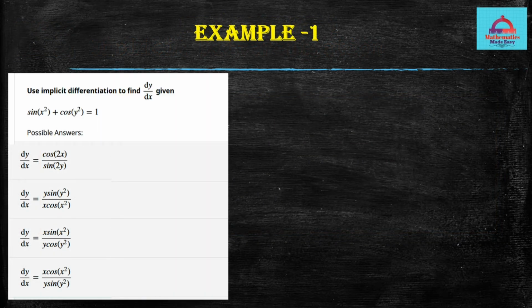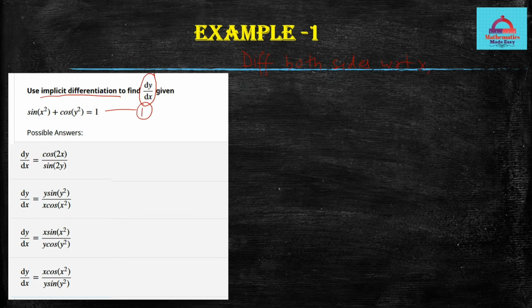Let's do the first question, which is an important question from AP Calculus AB on implicit differentiation. Here you need to find dy by dx, and you are given the equation sin x square plus cos y square equal to 1. In step 1, we differentiate both sides of the equation with respect to x.